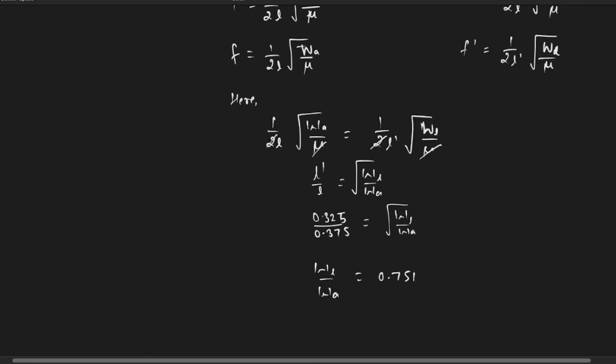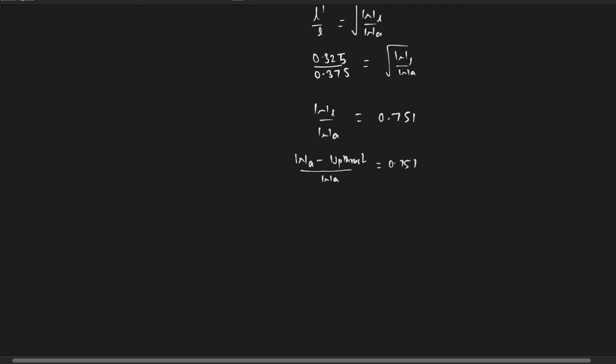Use the concept that the weight of the brass weight in liquid is equal to weight in air minus thrust. Weight in air is volume into density of the material into g, minus thrust, which is volume into density of the water into g.